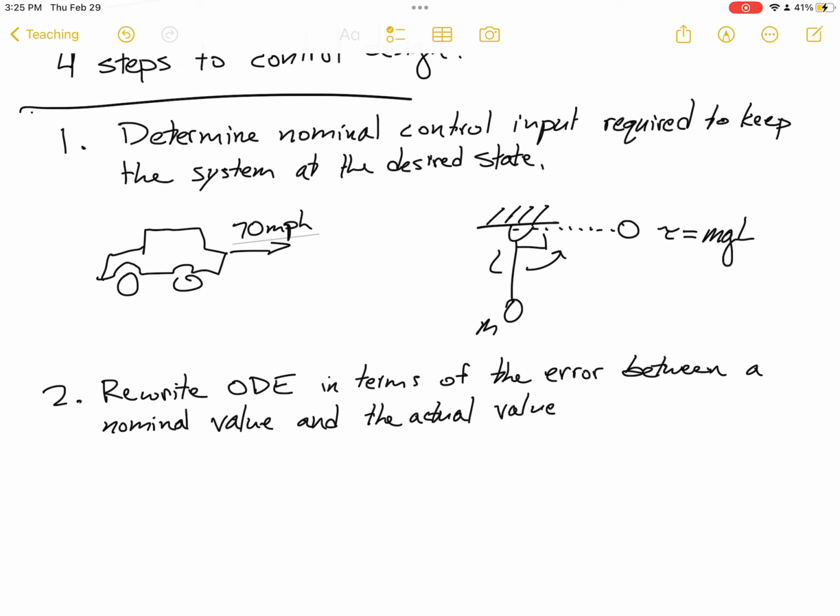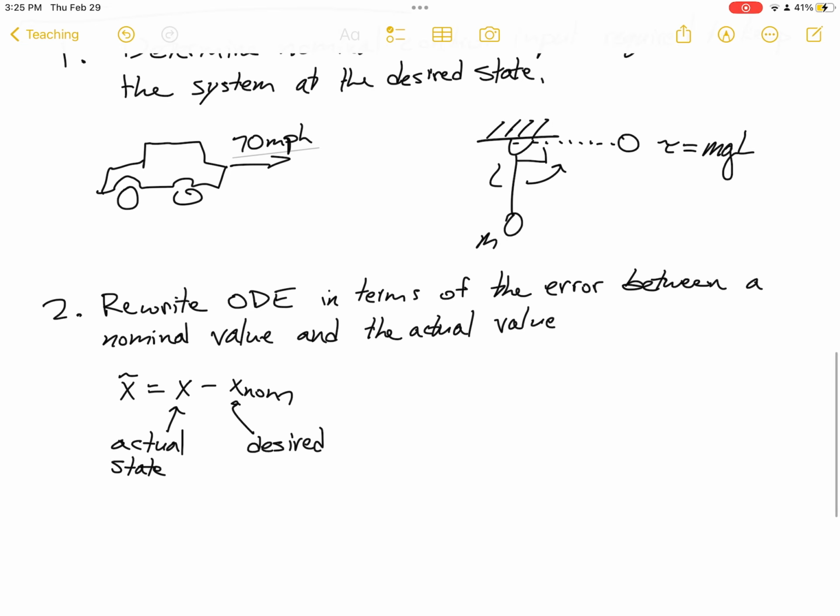So our error, which we usually write as x tilde or y tilde, is going to be equal to x minus x nominal, where just the regular x is your actual position or actual state, and x nominal is your desired state.